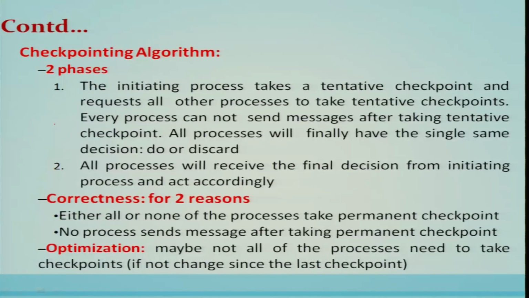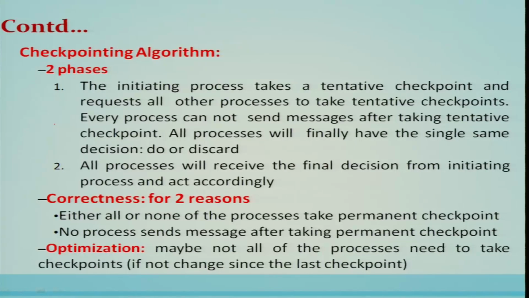In phase 1, the initiating process takes a tentative checkpoint and requests all other processes to take tentative checkpoints. No process can send a message after taking the checkpoint. All processes will finally have the same single decision, do or discard. All processes will receive the final decision from the initiating process and act accordingly in the second phase.